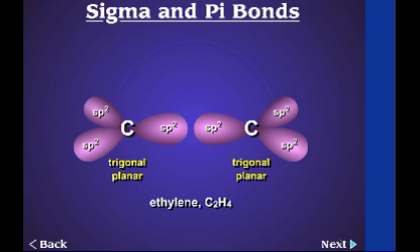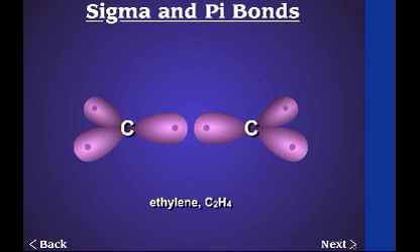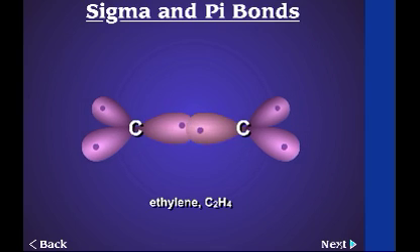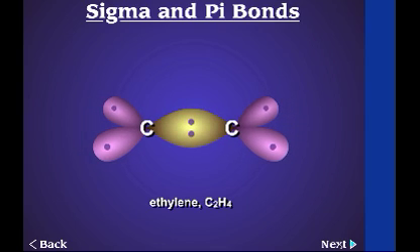So then the bond forms when you have 2 sp2 hybrids that overlap, and that's a sigma bond. So far we have 1 sigma bond which is located between the 2 carbons, and then the hydrogens will bond in the other sp2 locations.